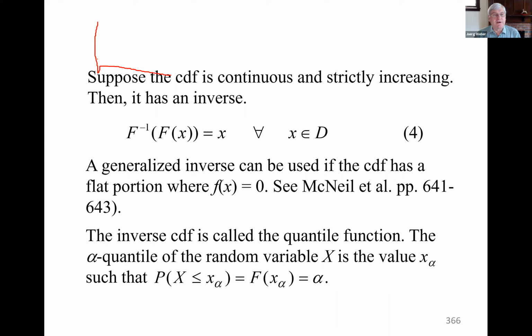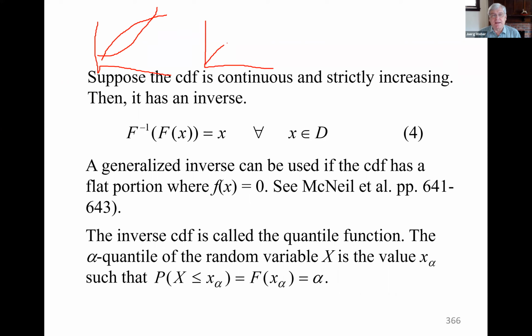Let's just repeat this again on the inverses. Okay, so let's have here the function. It's always upward sloping, strictly increasing and continuous. Now such a function will have an inverse and it will look somehow like this. Now if the function is declining somewhere, I make it easy here, it's difficult to draw pictures.